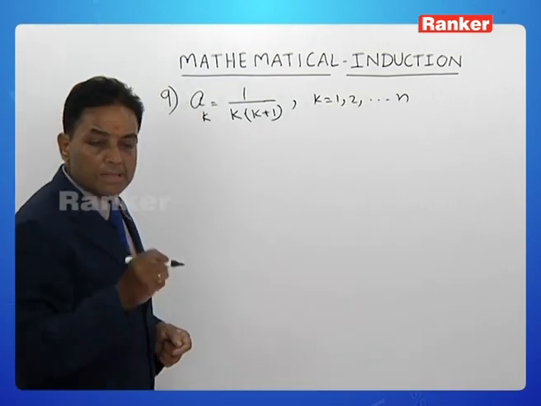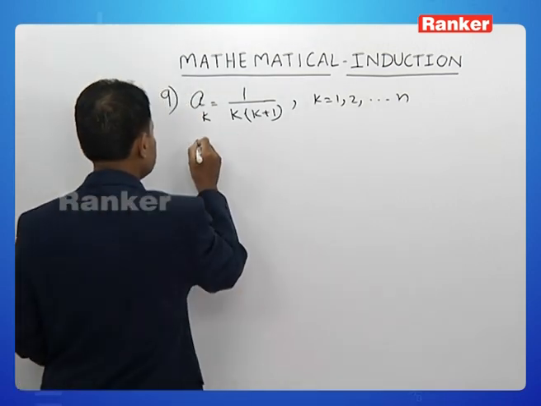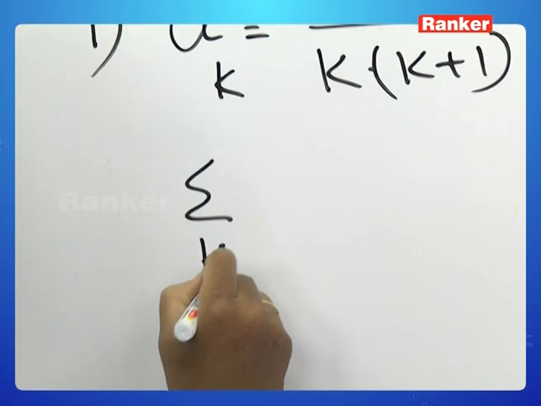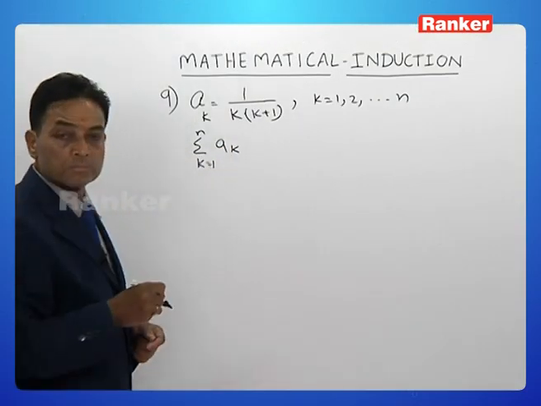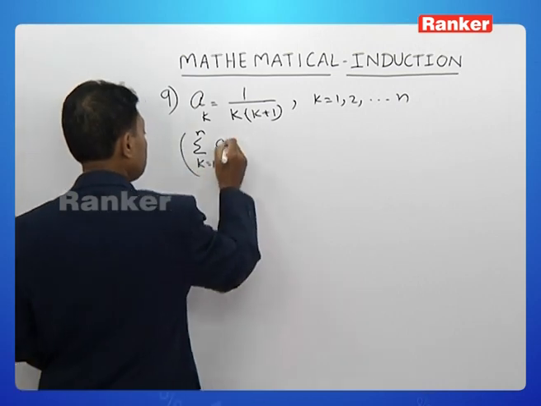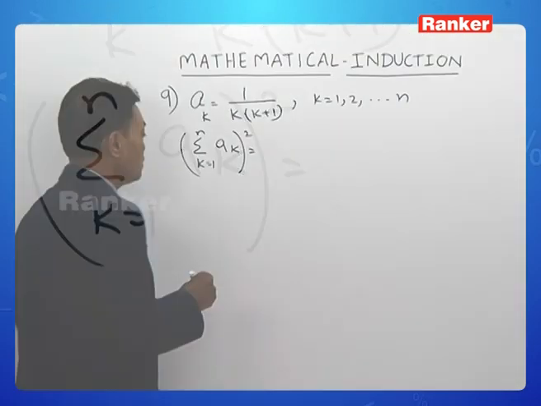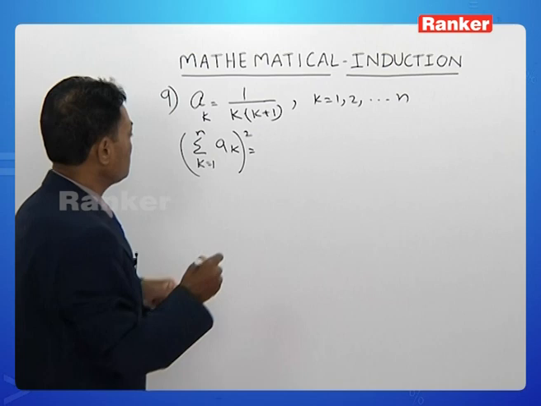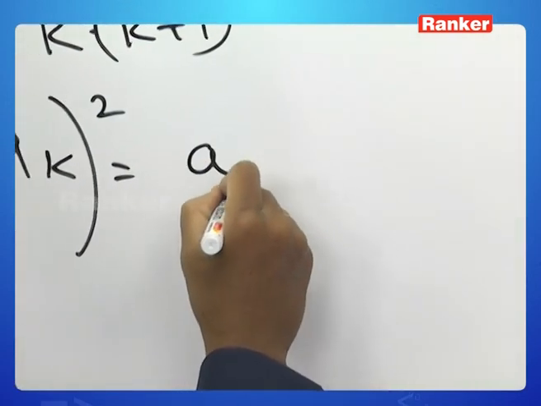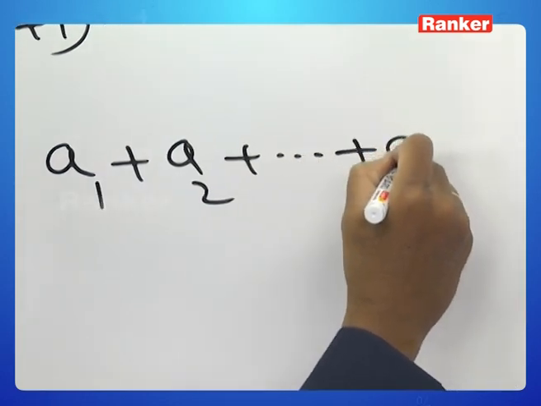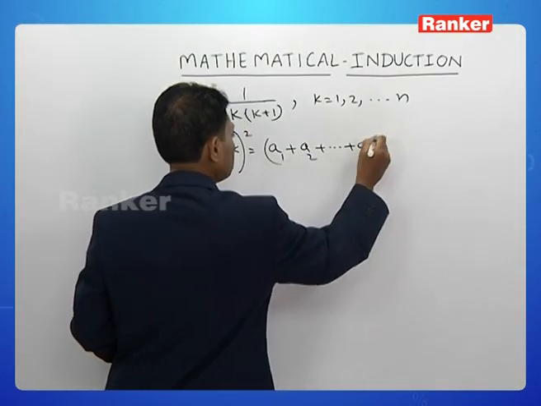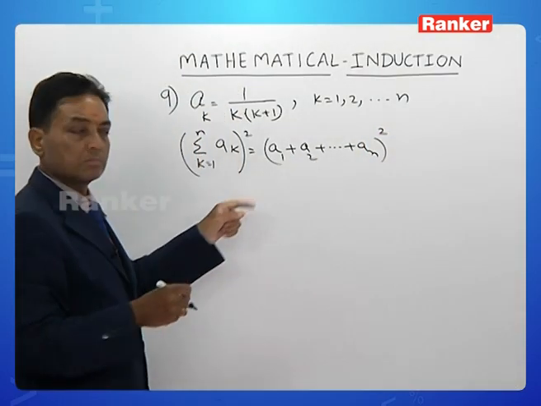Now we want sigma 1 to n of a k whole square. If you put 1, it will become a1, a2, and so on, because it is sigma a k square. We want to find this value.